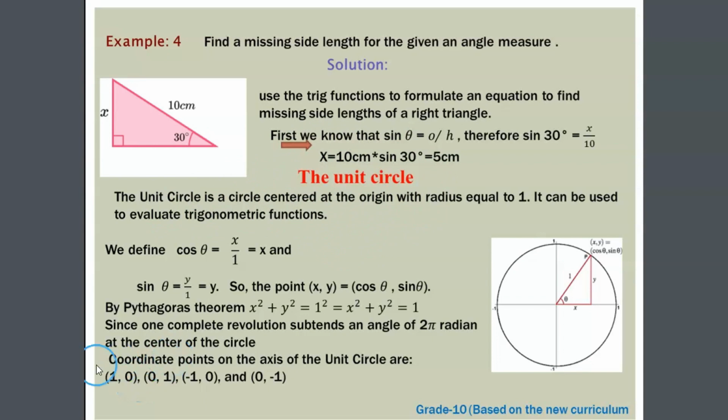ስለዚህ ዩኒት ሰርክል ምንድነው? መሃሉ ወይም ሴንተሩ በኤክስ ዋይ ኮኦርዲኔት ፕሌን ምን ኦሪጂን ላይ የሚገኝና ሬዲየሱ አንድ ዩኒት ሬዲየሱ አንድ የሆነ ሰርክል ዩኒት ሰርክል እንለዋለን። Therefore unit circle can be used to evaluate trigonometric function.